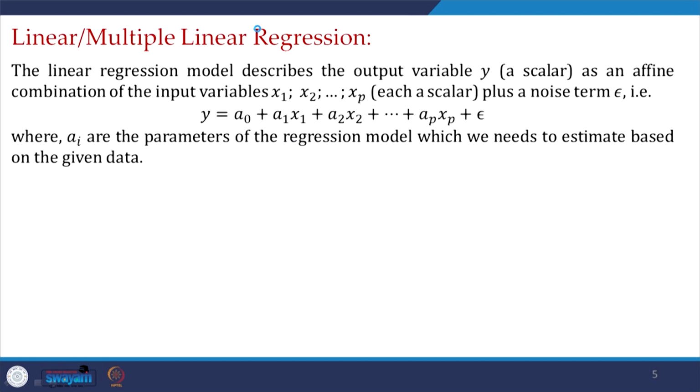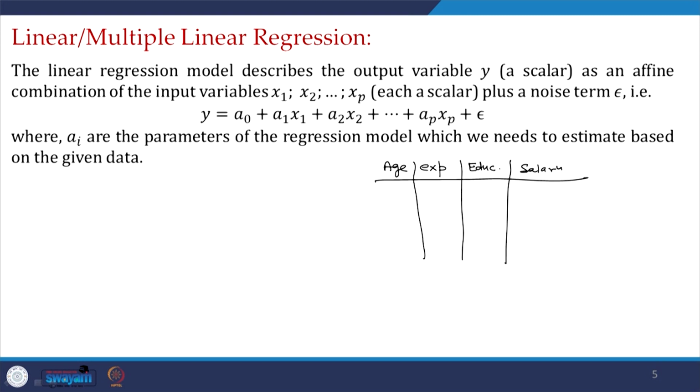However, you can have more than one independent variable. For example, you can have age, experience, education, and then salary. Again, these are x1, x2, x3 and y, and I have data of different employees.